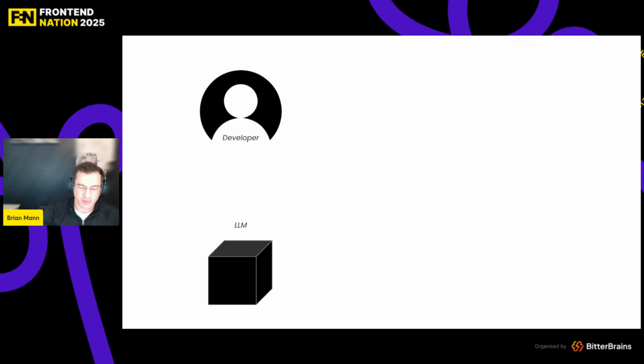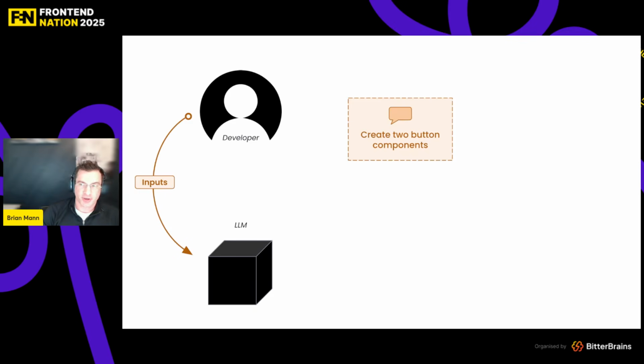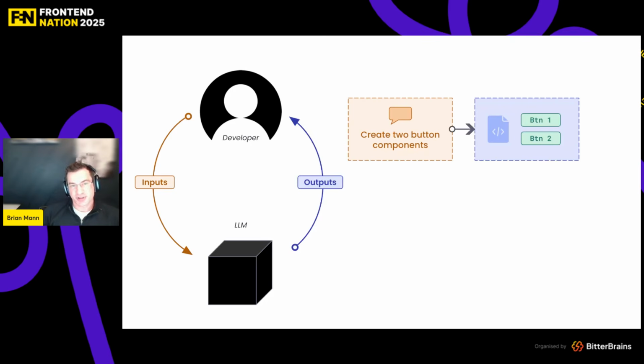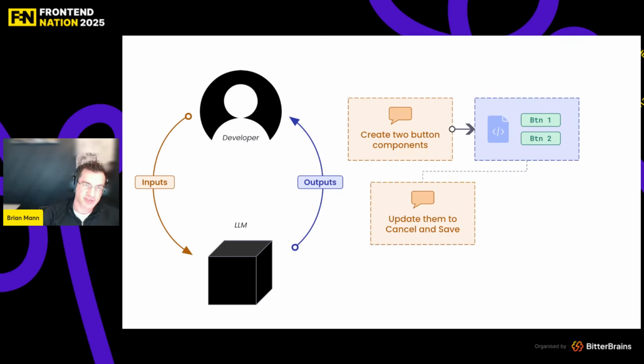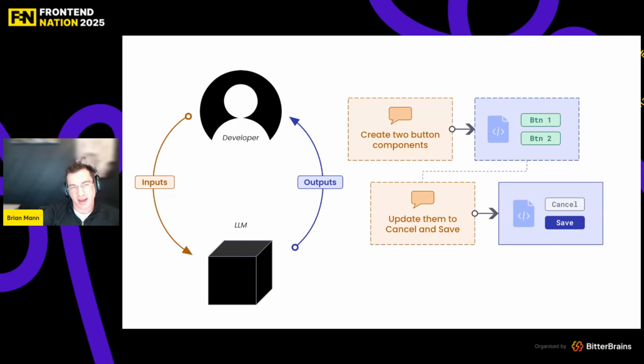And just a quick, simple illustration of inputs and outputs. When we classically work with Cursor, right, we're giving it inputs. So, hey, Cursor, create me two button components. Then Cursor hands back the outputs, the code that produces that. And then you may interact with it, right? You may tell it to update that code, and it's going to go ahead and update those outputs.